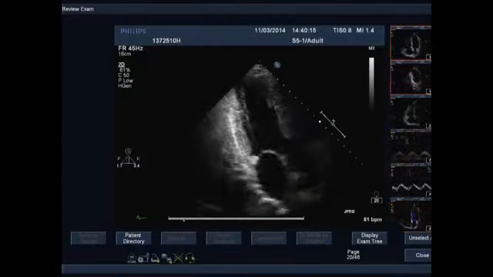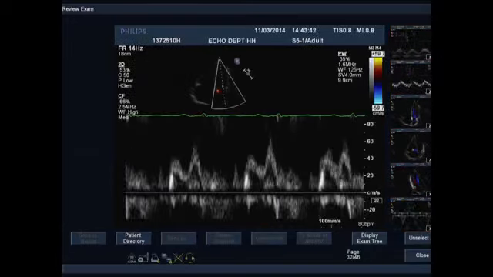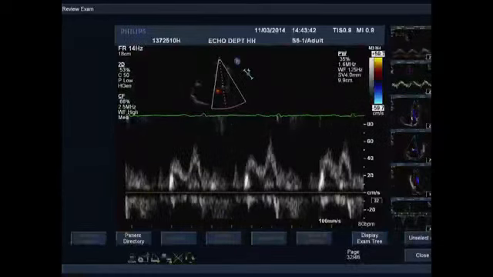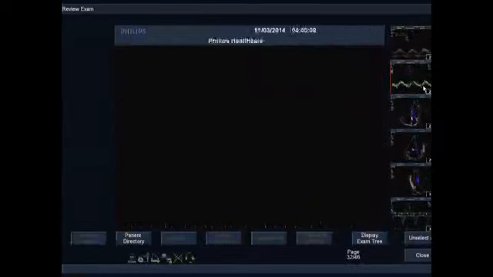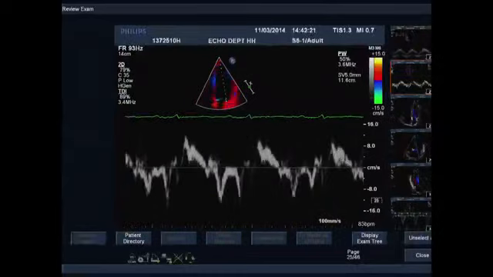Furthermore, with the use of Doppler, it is important to assess the mitral inflow and to get the E to A ratio, as well as to use the TDI, tissue Doppler imaging, from the septal wall and the lateral wall and assess the degree of diastolic dysfunction. Don't forget that many patients with pulmonary hypertension will have post-capillary pulmonary hypertension, therefore we need to exclude a significant degree of left ventricular diastolic dysfunction.